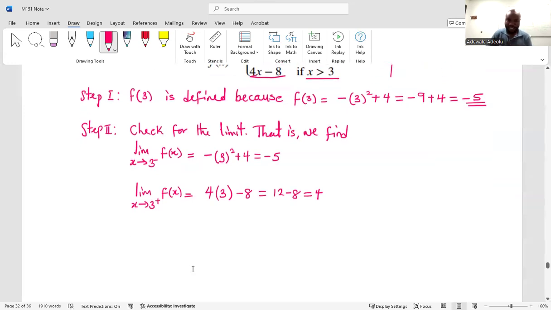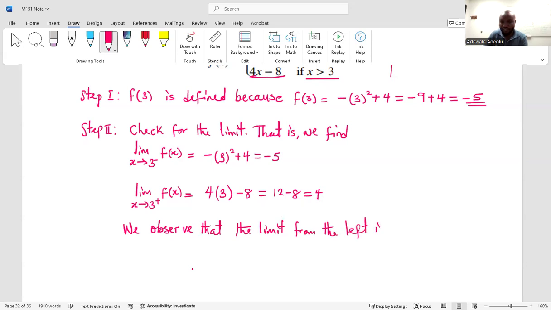We can observe that the limit from the left is not equal to the limit from the right.